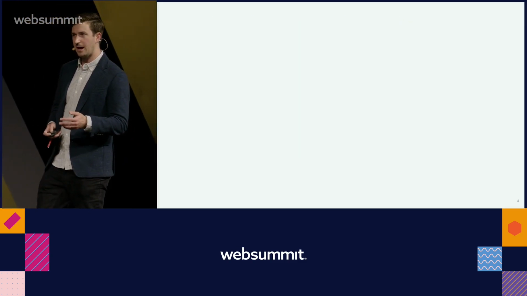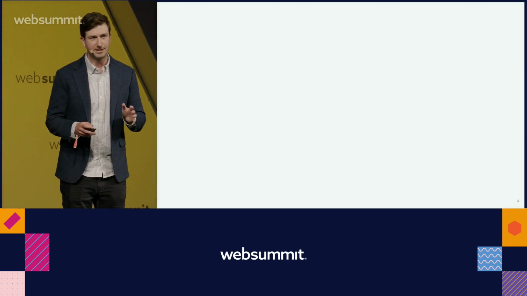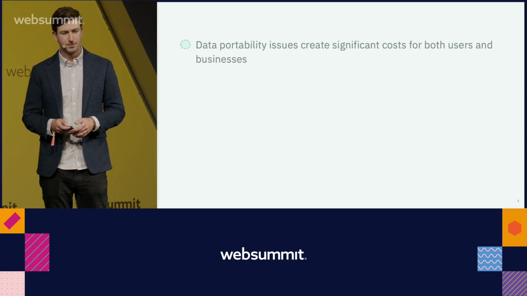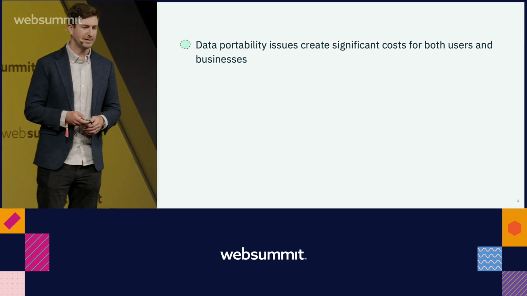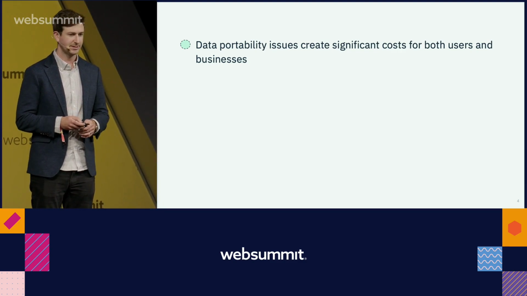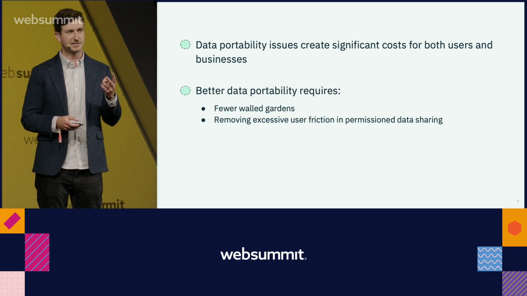And so today, I want to talk about three major things that shape data portability and that we should keep in mind as we build in both Web 2 and Web 3. The first is that data portability issues create significant costs for both users and businesses. And if we want better data portability, there's two major things that we need to do.